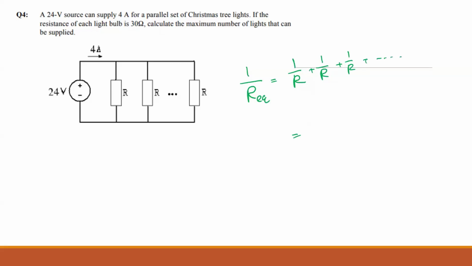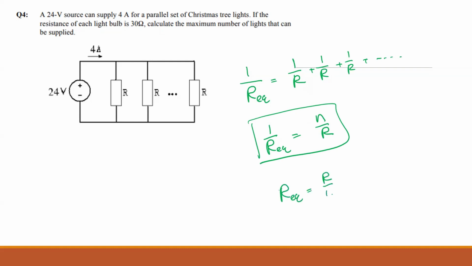If you add all these together, let's say we have n number of resistors, you have n over R is equal to 1 over Req. Agree? Then if you make it a single resistor, that will be R over N. So now I can simplify this circuit to just one equivalent resistor, which is equal to R over N.